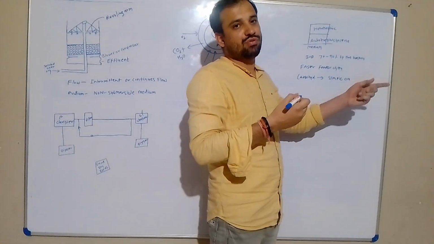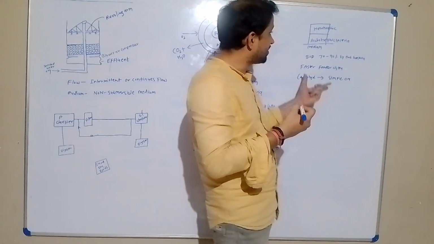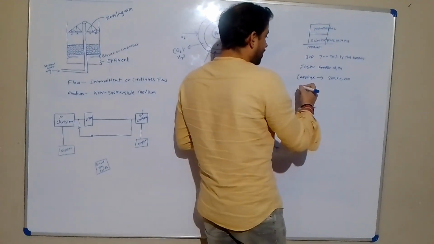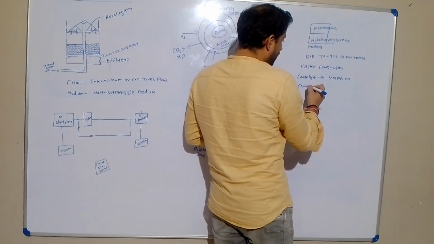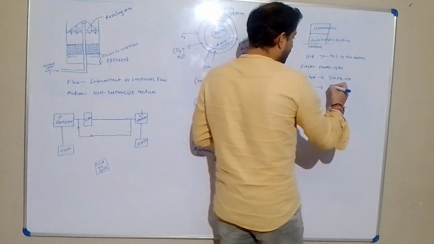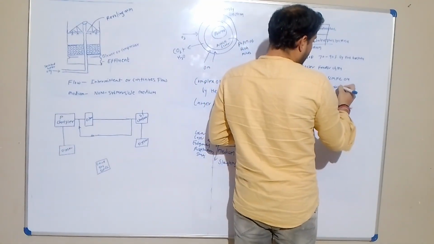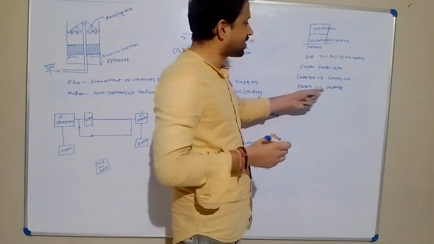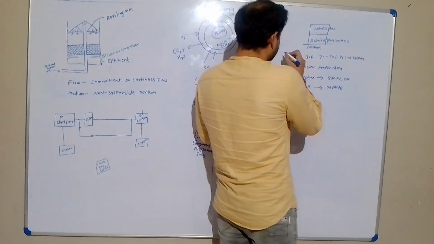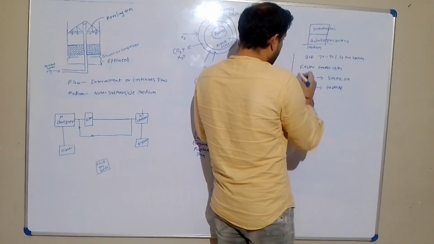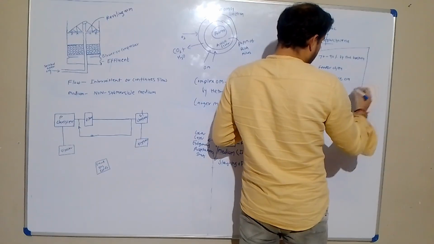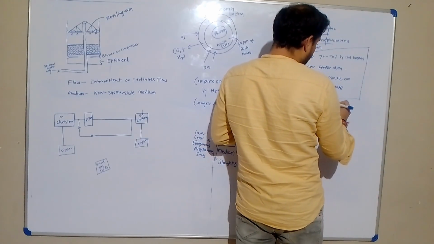If protein is present, they convert it into peptide; protein is converted into peptide. This is the heterotrophic bacteria.